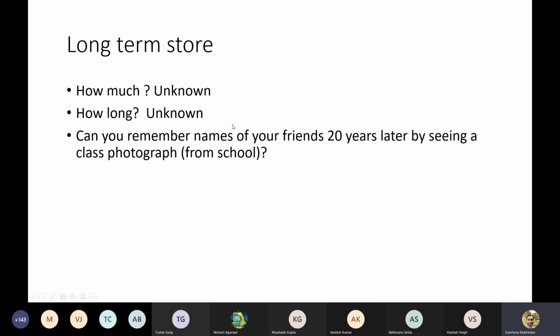And none of them have I had any contact with for the last 10 years at least, maybe more. So probably it's more, but the point is it's hard to measure. That's the one problem of measuring information in long-term store.